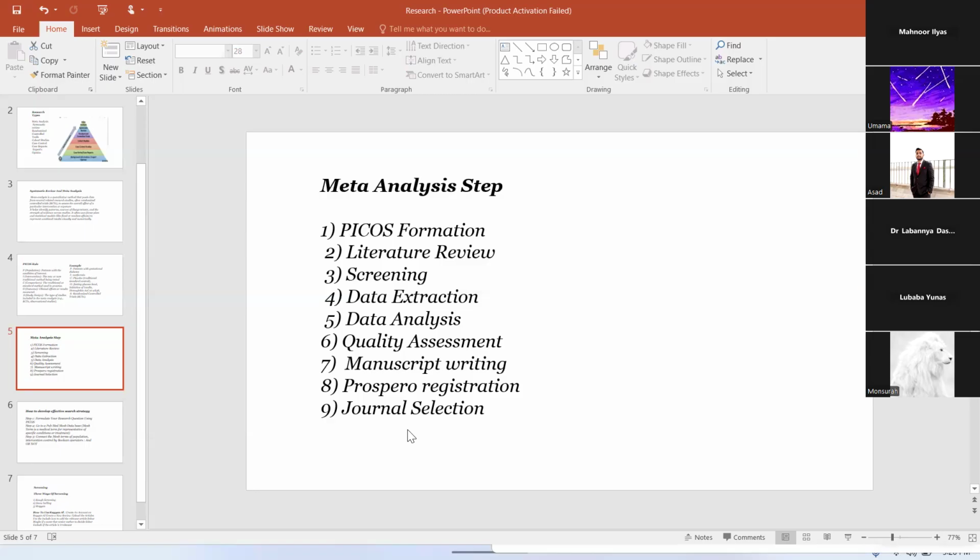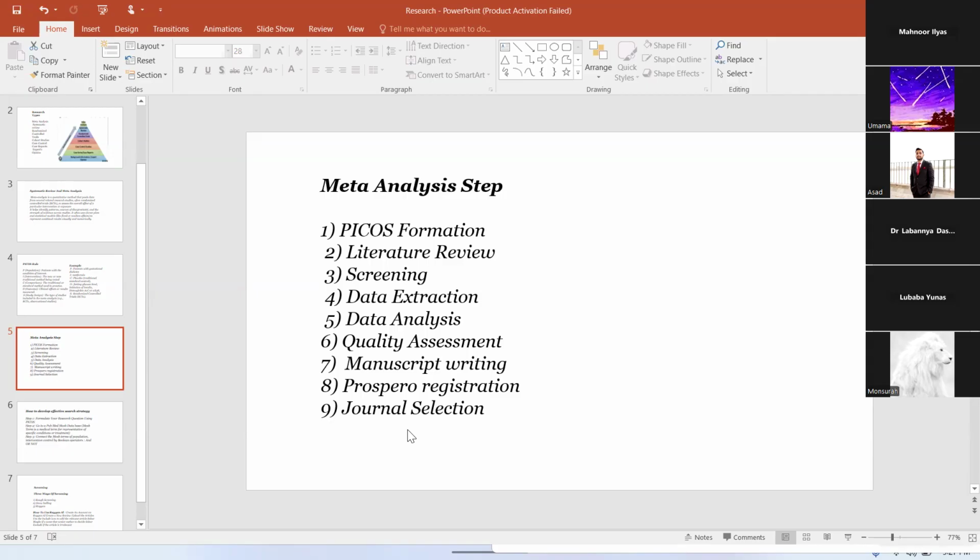So if you encounter any recent RCT, for example an RCT published yesterday, on 17 July, and I like that topic, I'll search whether any other RCTs or cohort studies are present on the same PICO. If yes, then we can do a meta-analysis on that topic. So this is the first thing.